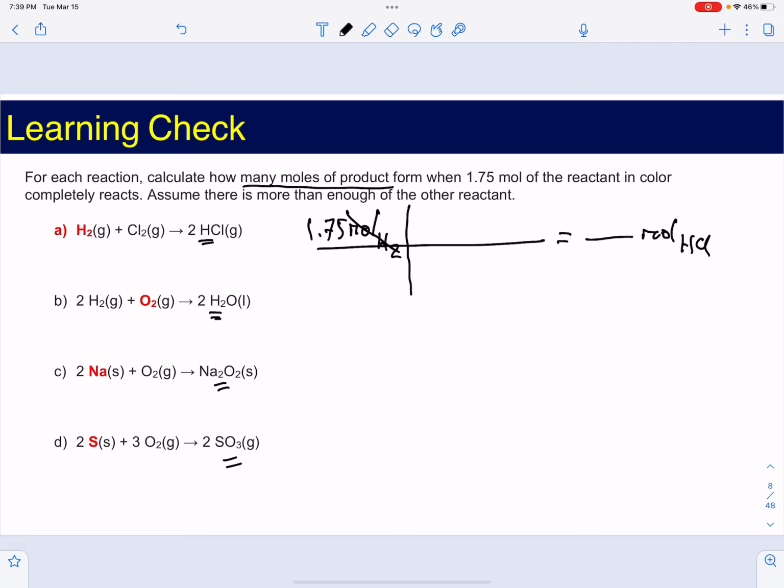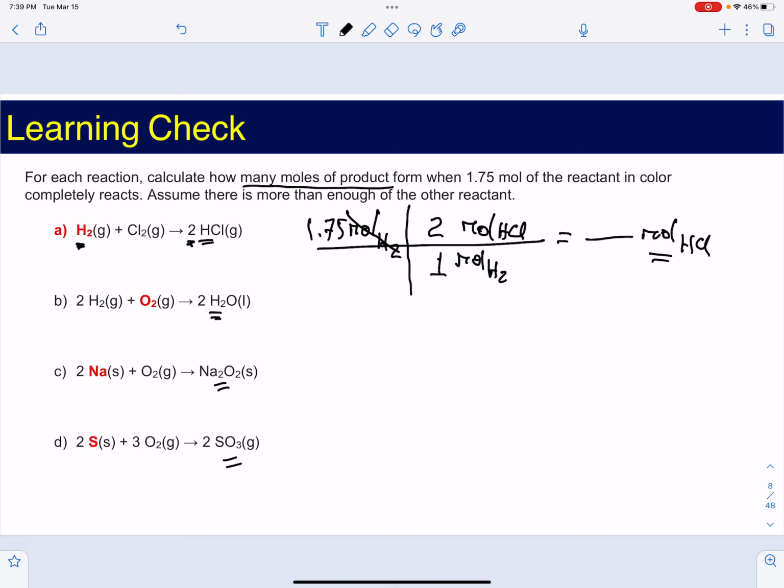Once more, we don't want the moles of H2, so we put it there, and we want the moles of HCl, and we put it here, and we go to the balanced equation. For every 2 moles of HCl, I have 1 mole of H2.